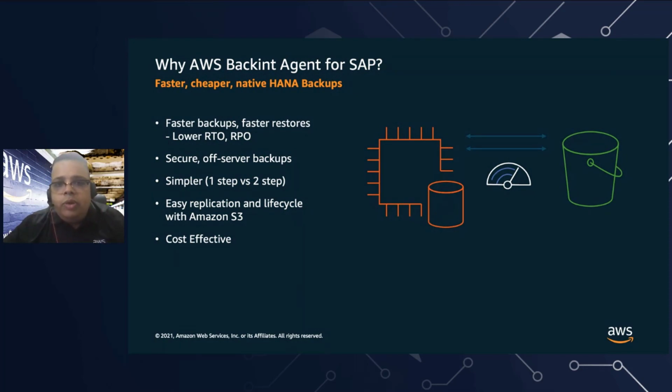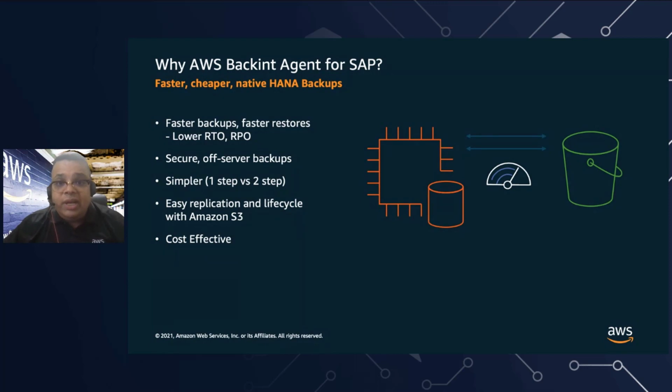Using AWS backend agent, you can take faster backups, faster restores, meaning lower RTO. For large HANA databases, AWS backend agent is optimized to use EBS throughput and network bandwidth available to Amazon S3 from your EC2 compute itself. For example, we have seen customers on high throughput instances and storage back up as much as 20 terabytes in less than 25 minutes.